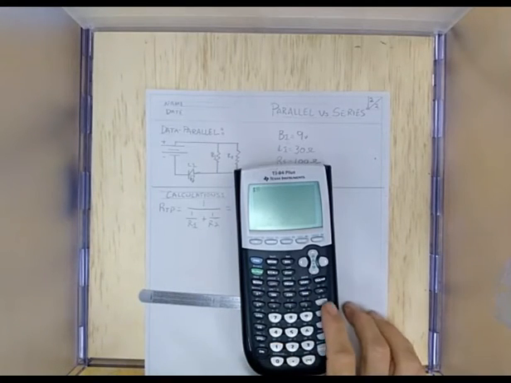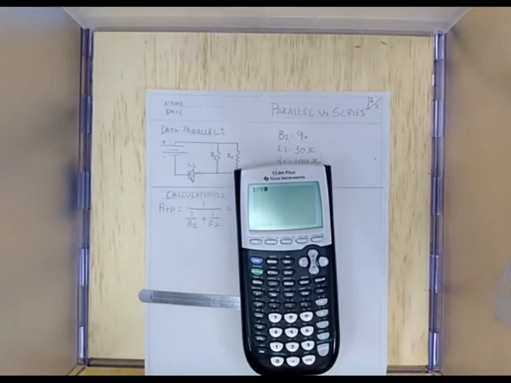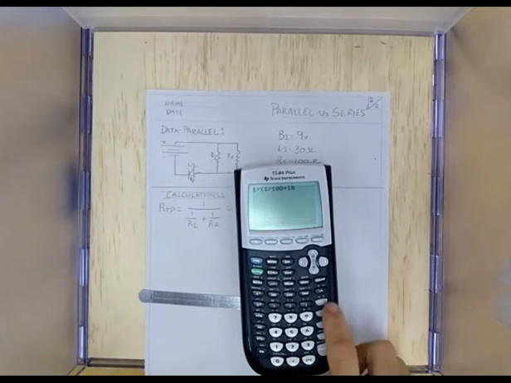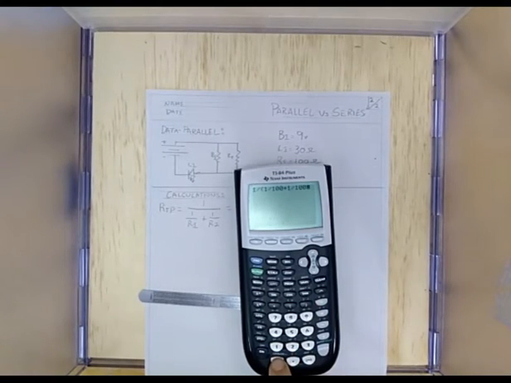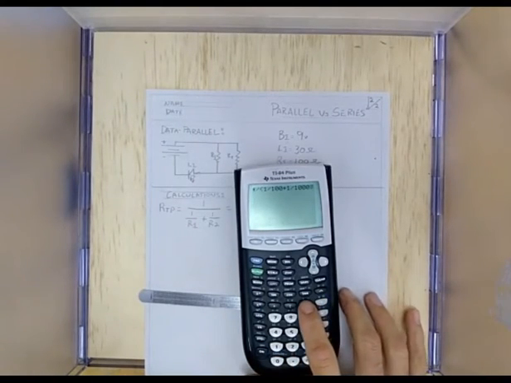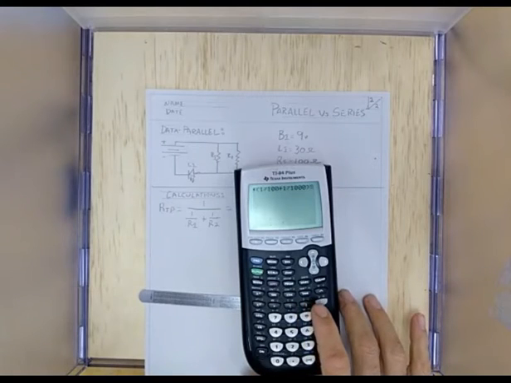I'm going to say 1 divided by, I'm going to put a parenthesis, and I'm going to say 1 divided by 100 plus 1 divided by 1,000. And then I'm going to end my parenthesis.